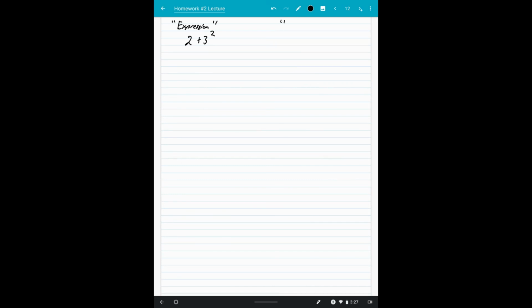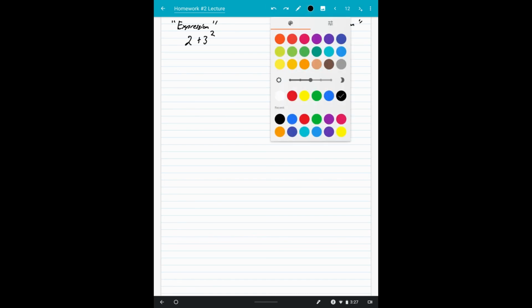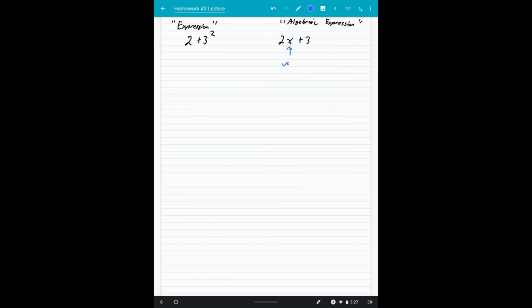If I introduce something else like an x, 2x plus 3, this is called an algebraic expression, because it contains variables. So this right here is considered a variable, the x, meaning it varies depending on what we plug into it.